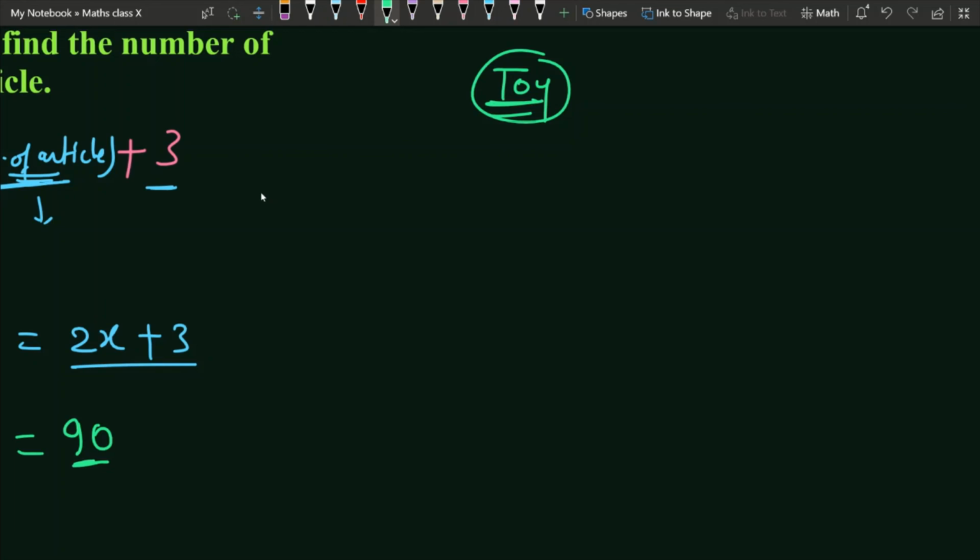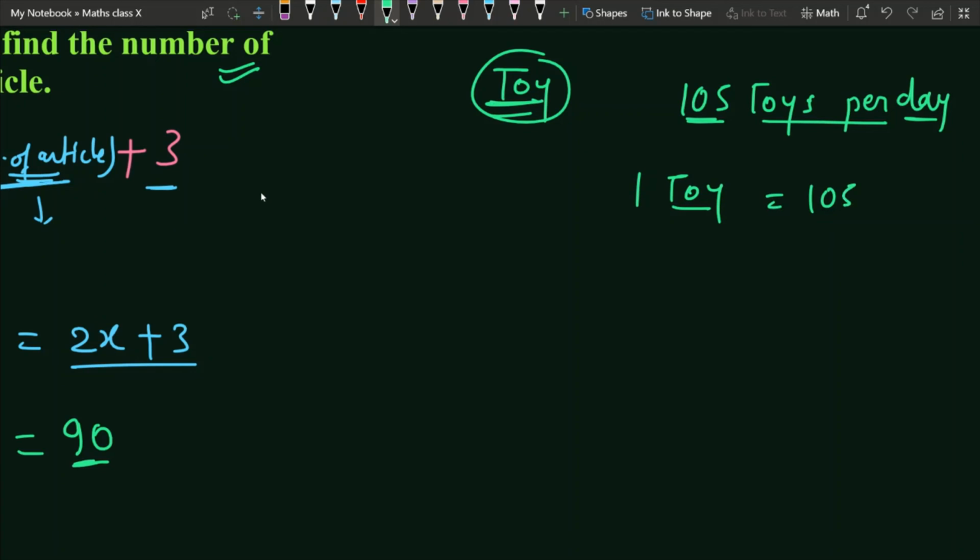That means suppose they manufacture 105 toys per day. So according to this situation, one toy is of 105 rupees. Have you understood now? If they are producing 105 toys per day, the cost of one toy is 105.